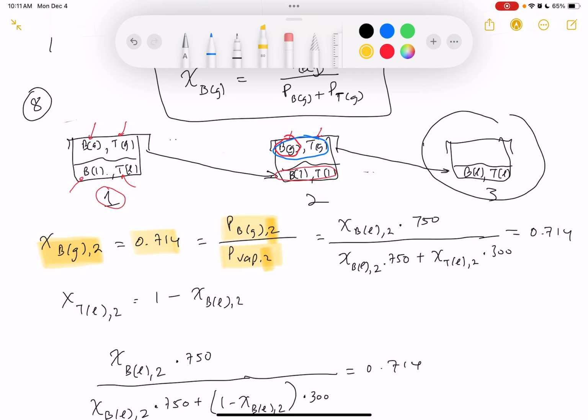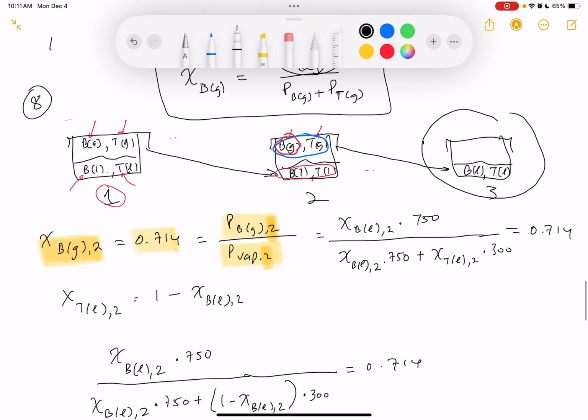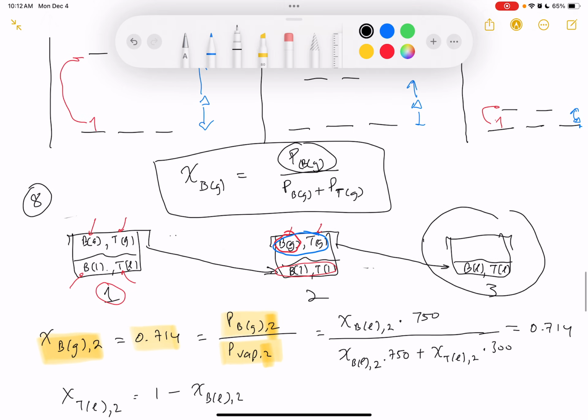Now, I know that the partial pressure of benzene gas, I can calculate using Raoult's law, right? So remember, Raoult's law is just that the partial pressure of the vapor is going to be the mole fraction of the liquid times the pure vapor pressure of that liquid.